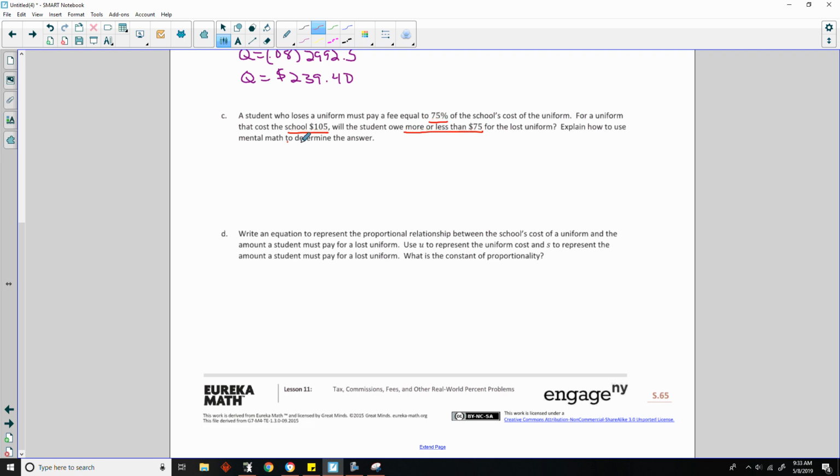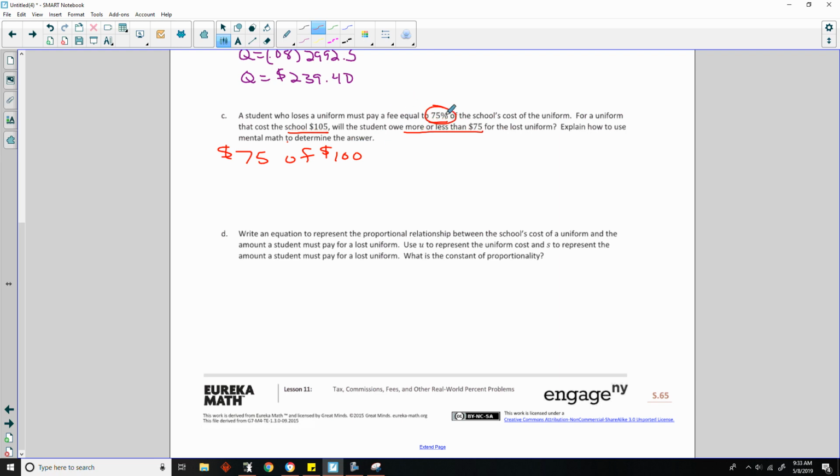Well, since it says to use mental math, it's not asking for a formula to find an exact value. So 75% means $75 would be 75% of $100, if that makes sense. $75 is 75% of $100.